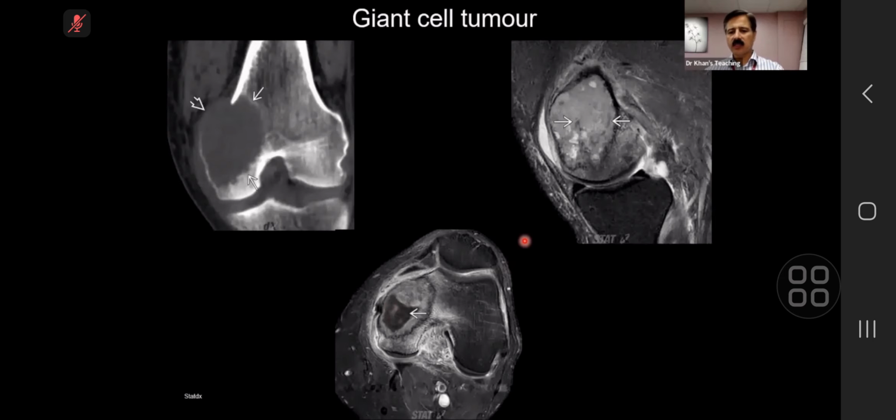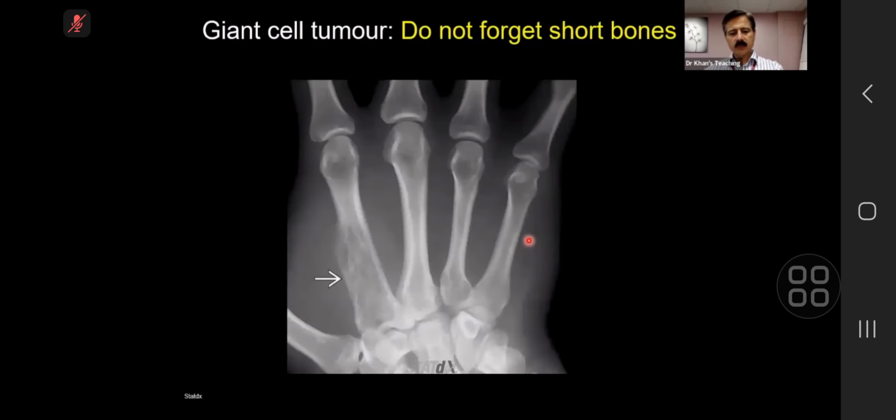I don't think it's an exam thing. This is a GCT in short bones, carpal bones, tarsal bones. Please remember that because we are always taught these tumors in long bones, we tend to forget the short bones of the hands and feet.